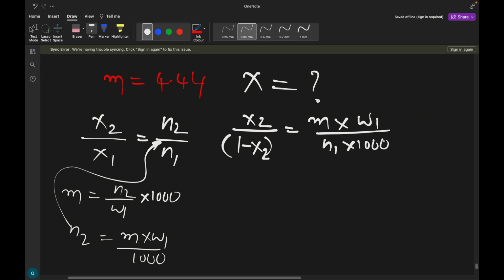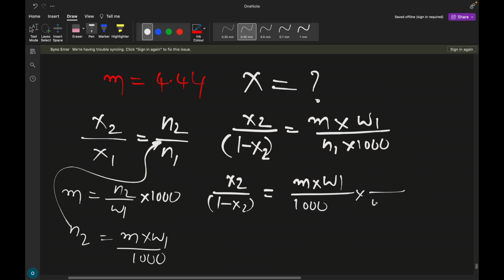This is the derivation we have seen. The same can also be written as x2 by 1 minus x2 equals m into w1 by 1000. This n1 can be written like w1 and m1. So w1 cancels, so this is the formula we are left with.